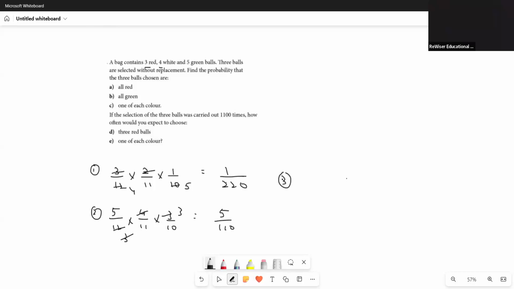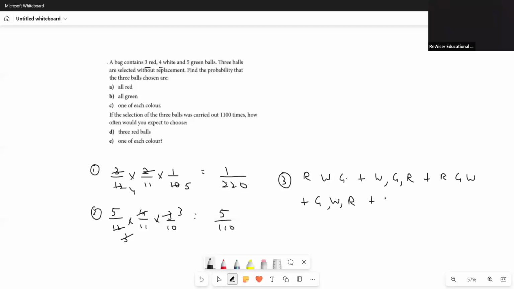And similarly, they're saying 1 of each color. So that means it can be red, white, green, so we'll have 6 different cases. It can be white, green, red, or it can be red, green, white. It can be green, white, red.